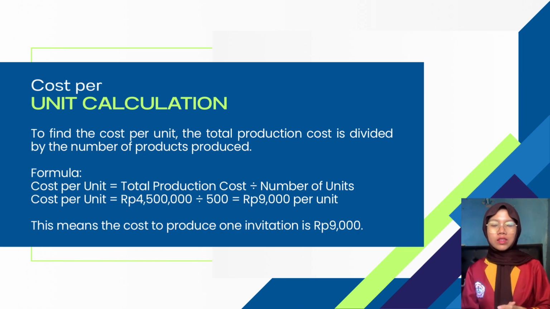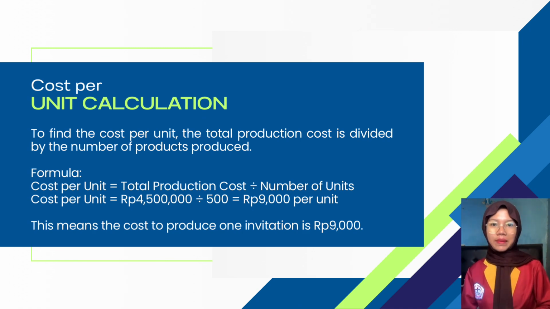After we know the total production cost, the next step is to calculate the cost per unit. The cost per unit can be calculated by dividing the total production cost by the number of products produced.